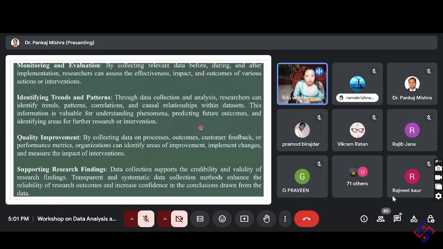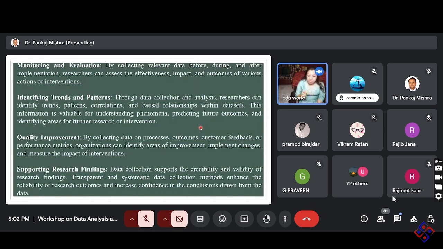Like if you want to test whether a drug is suitable for cancer patients or not. In that case, first you will use a sample based on a few respondents. After that, you will give some other treatment.